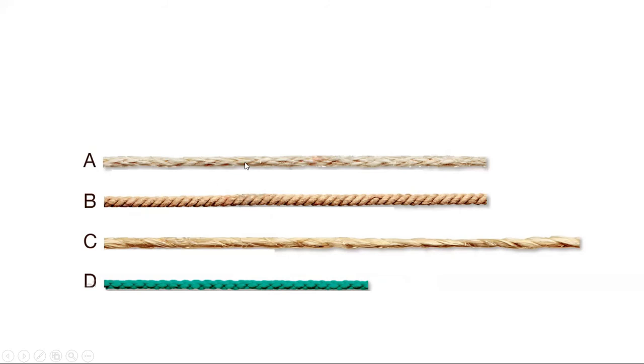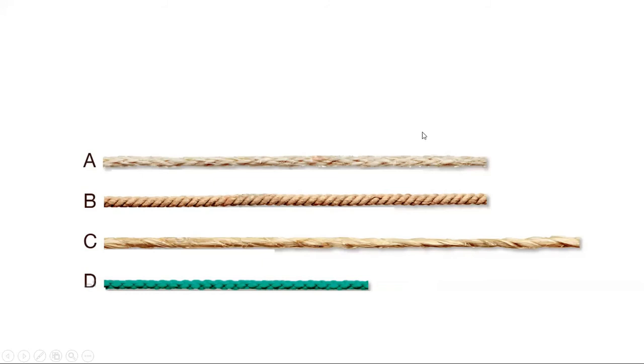You see, we say that rope C is the longest. And you see that rope D is the shortest. Of all of these ropes, we see that rope D is the shortest.